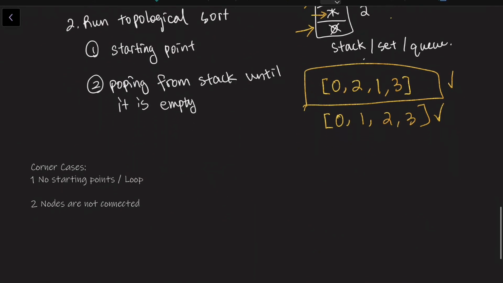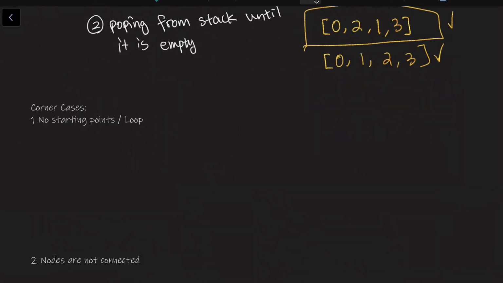And next, we can consider some edge cases. It's possible that the given input doesn't provide a starting point for us. For example, in this example, we construct the graph first. So 1 pointing to 0 and 0 pointing to 1.